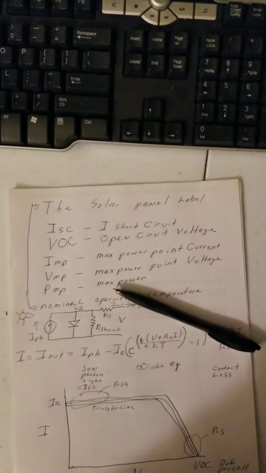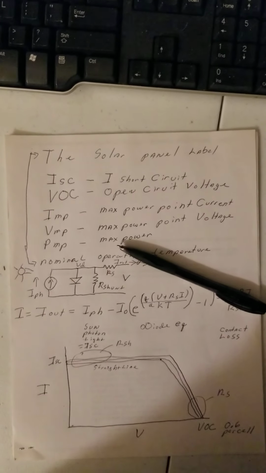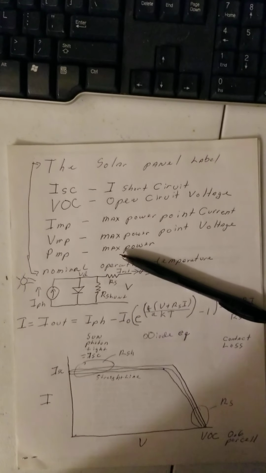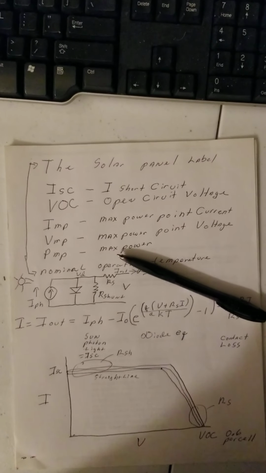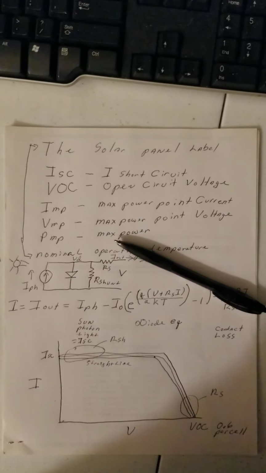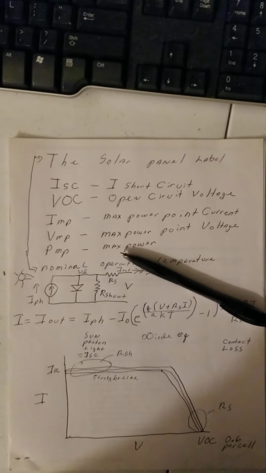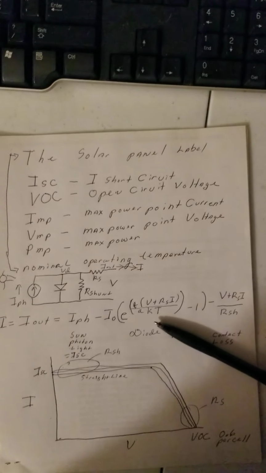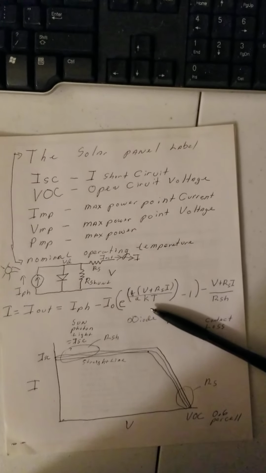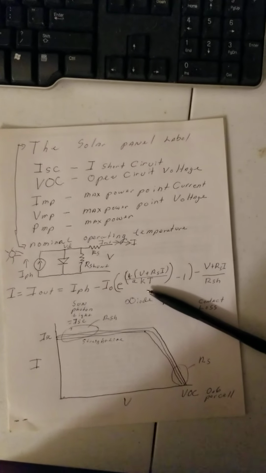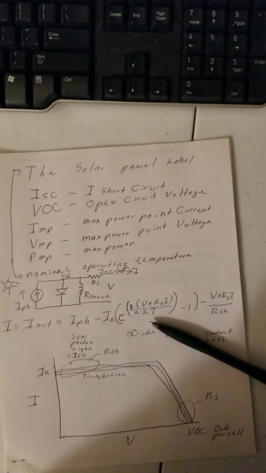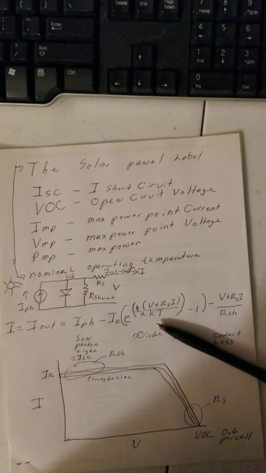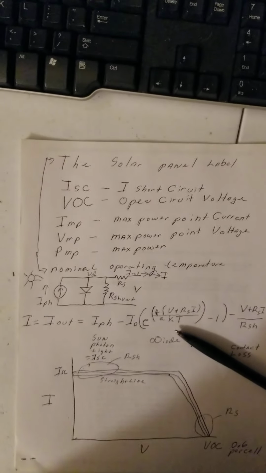Now, the one interesting thing I didn't mention in the last video is that ISC, the short circuit current, has a very small temperature dependency. The other thing is, this part of the equation for the range that human beings live at can be approximated with a straight line, and we'll substitute that in the next video as a straight line.